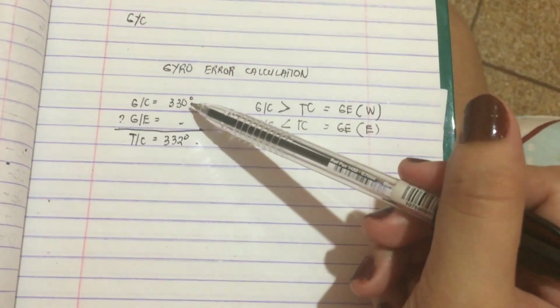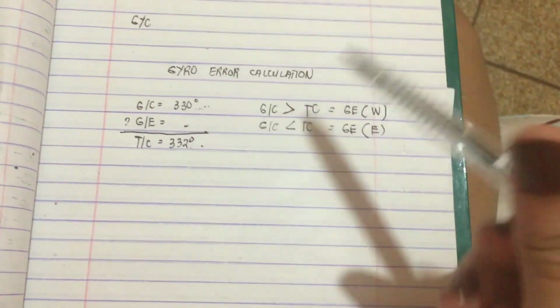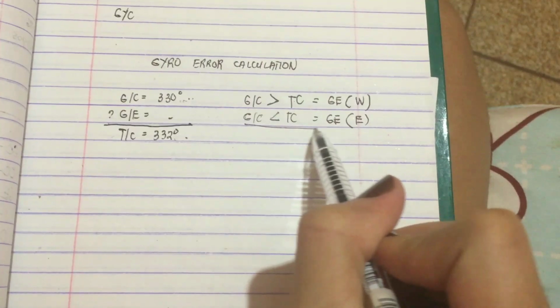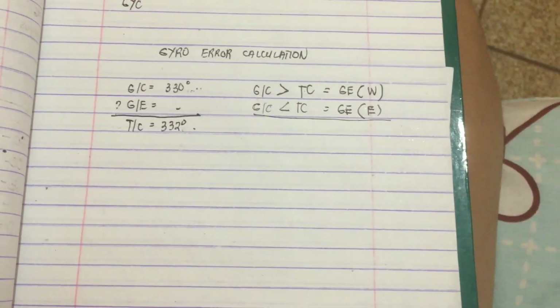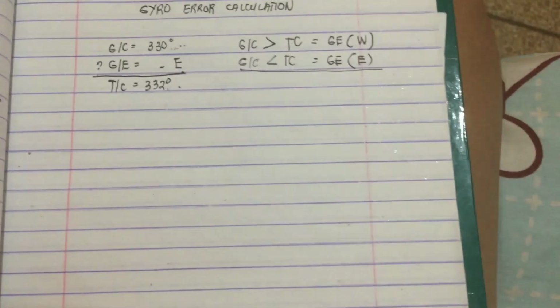As you can see, the gyro course is less than our true course, so this rule is applicable in this situation. So our direction will be east.